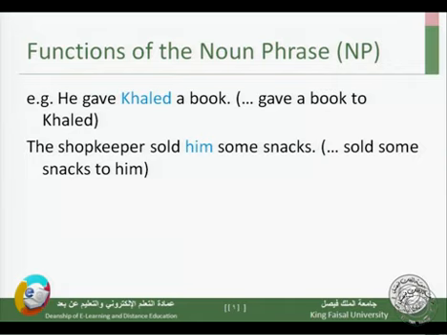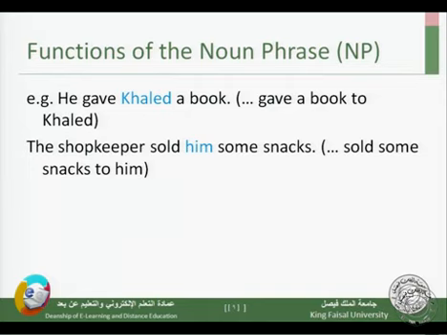To make things simpler, we can restate, reword, or rephrase this sentence to make it look like this: "He gave a book to Khalid." In this case, the noun phrase that comes directly after the verb is the direct object. So "gave a book to," and the noun phrase that comes with "to" is the indirect object.